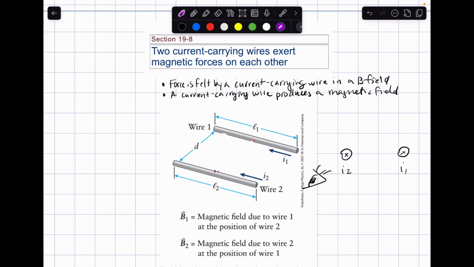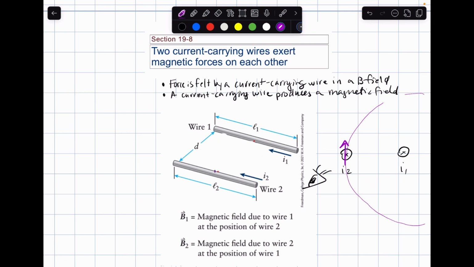that's constant in a circle around I1. So if I'm drawing a constant radius around I1, I'm going to point my thumb into the page where I1 is going. I'm going to curl my fingers around, and when I get to this position, the magnetic field is going to be pointing up. Do we agree with that?